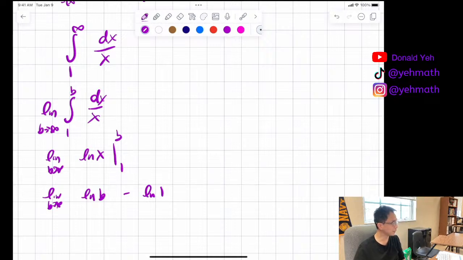What's the natural log of infinity? Good. And minus natural log of 1 is 0, so it's going to be infinity. In this case, it diverges. Why does it diverge?